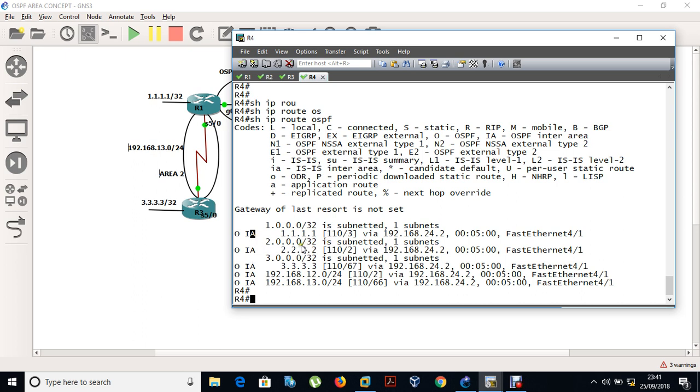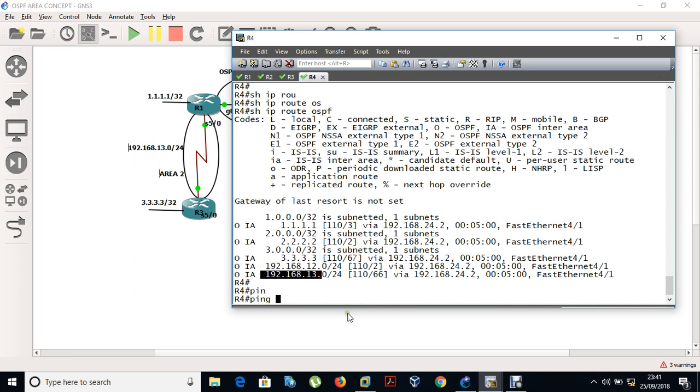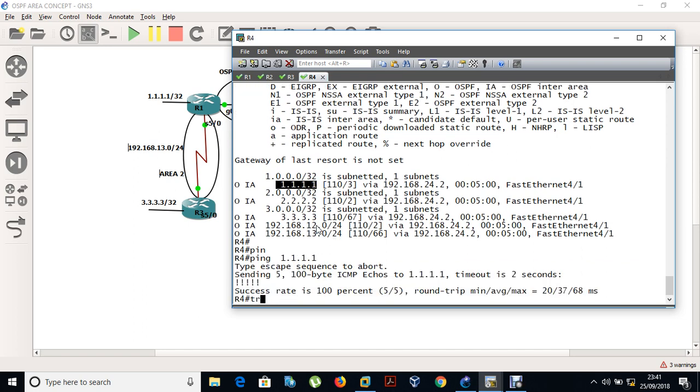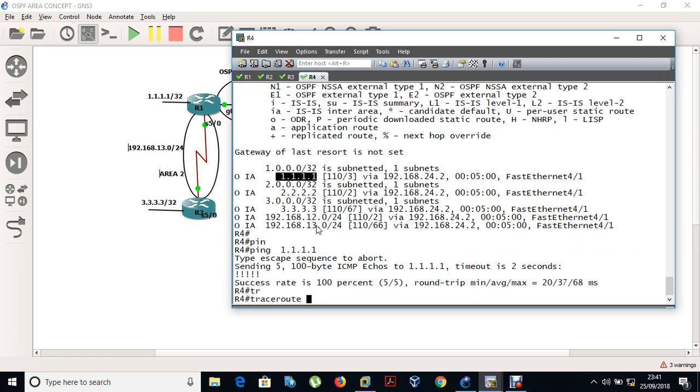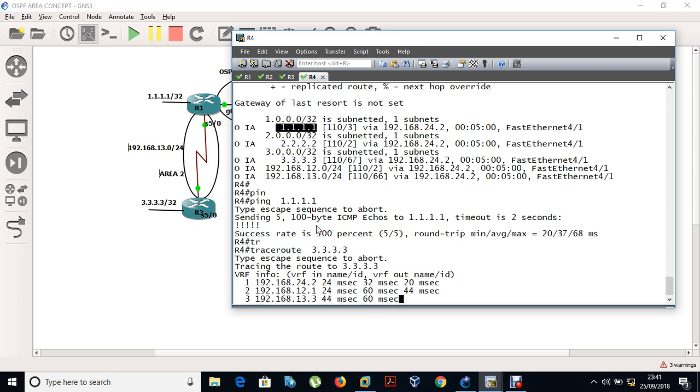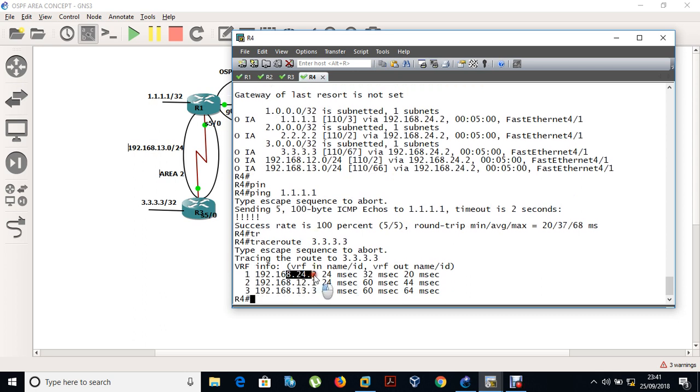These are members of area 0, and these are members of area 2. So if we try to ping it now, we can reach any network, because we are going to R3 through R2. If we do a traceroute to network 3.3.3.3, we are going to R2, R1, and finally to R3.